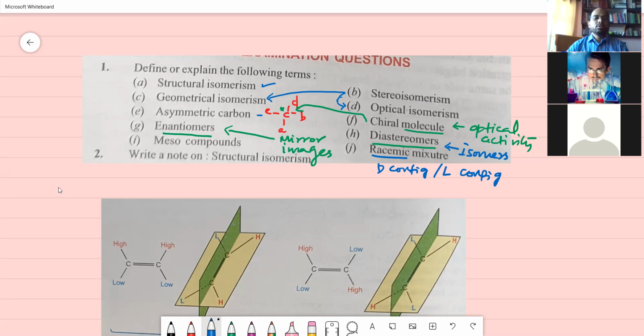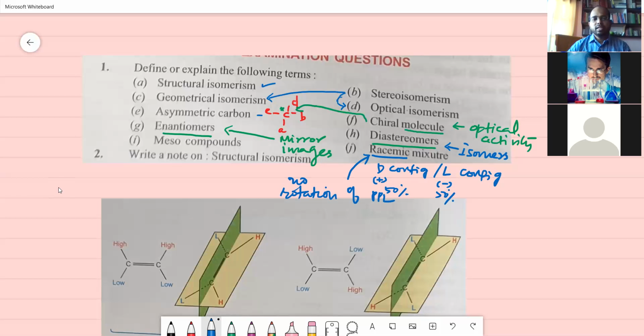If you have the rotation of plane polarized light in a particular direction, which you give as plus, and the other which you give as minus, both of them cancel. Suppose this is 50% and this one is 50%, the light is not rotated. Okay, no rotation of light. That is called a racemic mixture. The same thing is there for certain meso compounds.